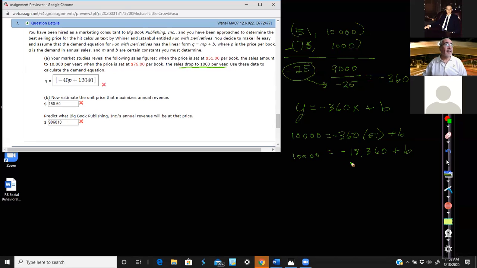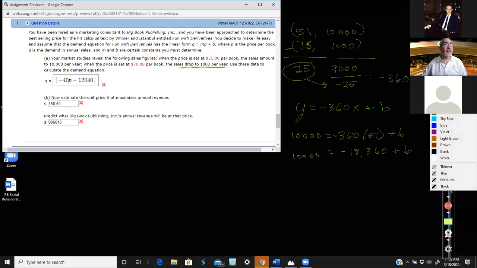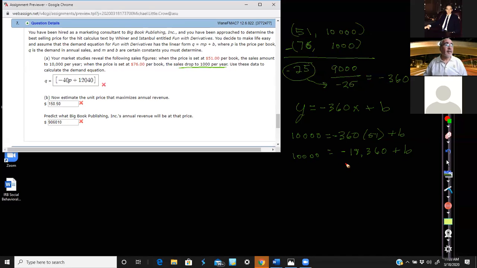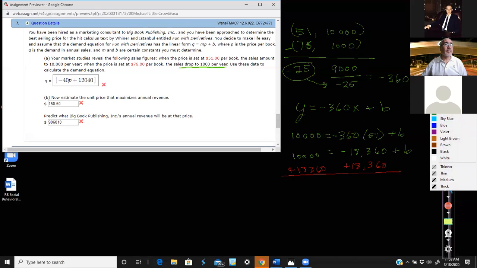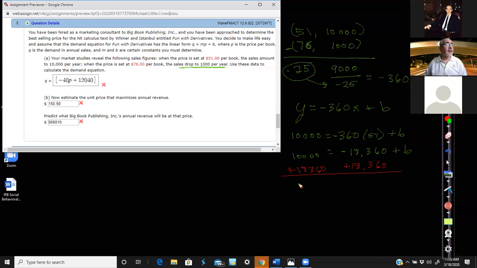And then we're going to add that to both sides. So that gives us 28,360 as our y-intercept.